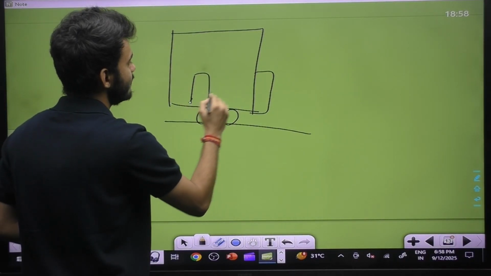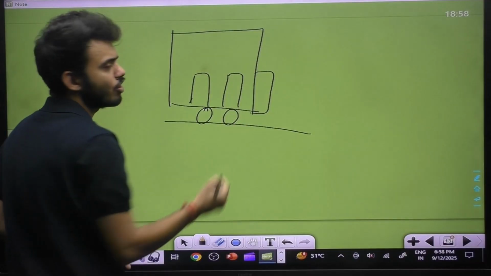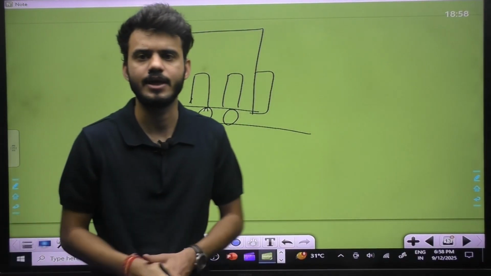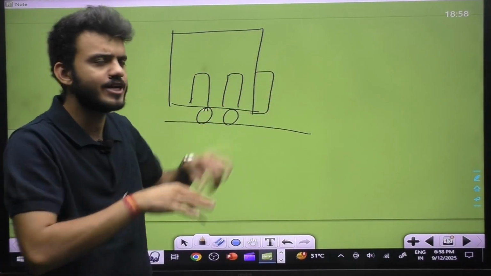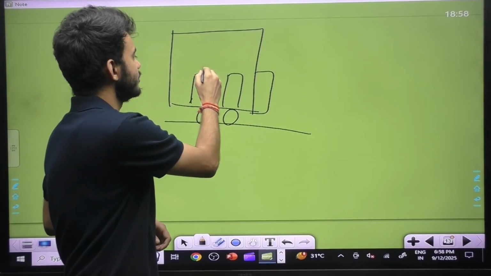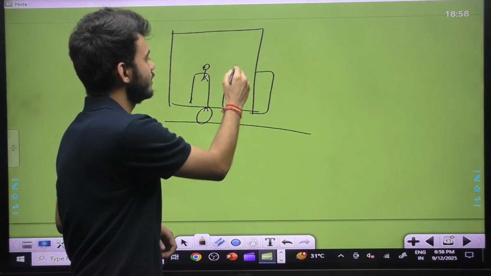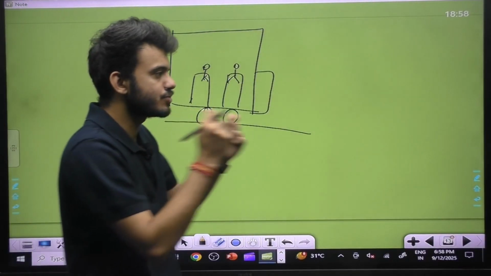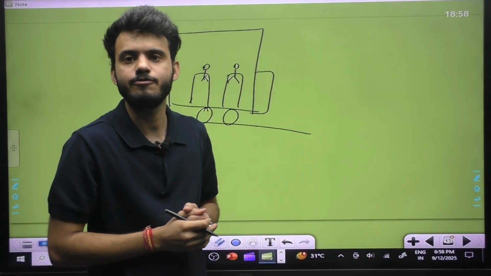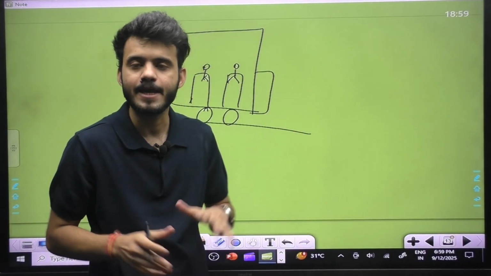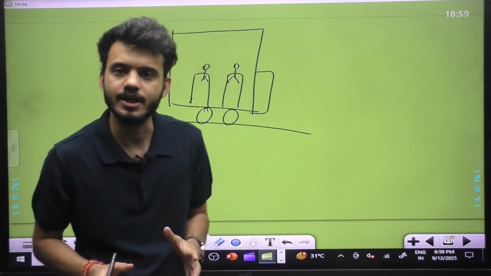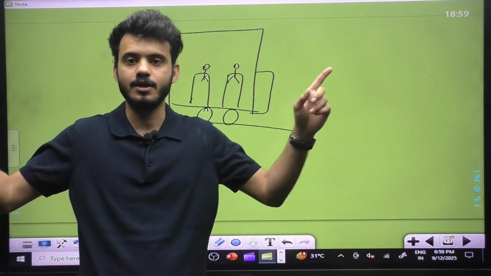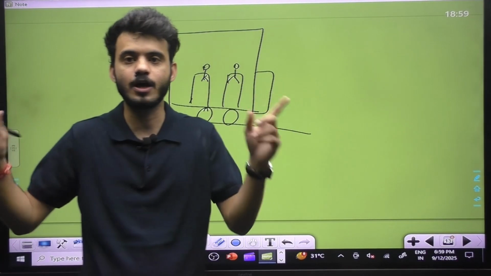Okay. So you're traveling in a bus or a train or a car or anything else, anything that you can imagine. So you're traveling in a bus. You're sitting on your chair comfortably. And as you can see, there's a passenger sitting just right in front of you. Now what do you see? If you're not looking outside, there's this rule, you cannot look outside.